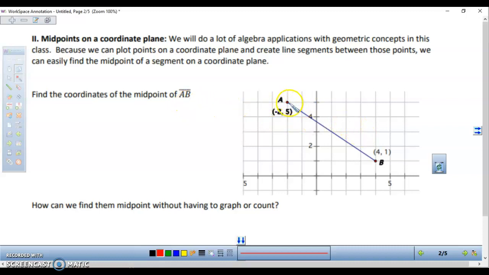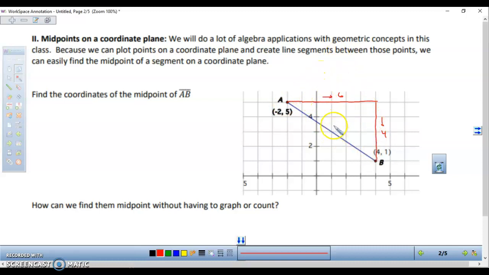Here's segment AB. So let's just think, how do I go from A to B? Well, I go over 1, 2, 3, 4, 5, 6. So I went right 6, and then I go down 1, 2, 3, 4. Down 4. To go all the way from A to B, I go right 6 and down 4.